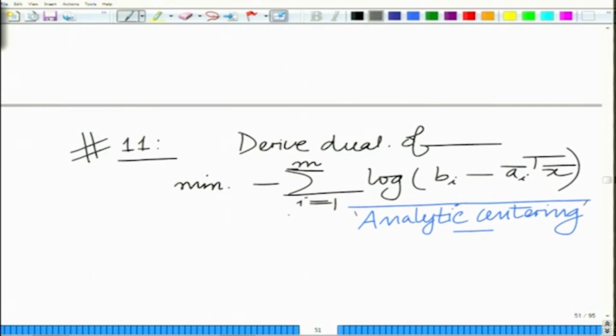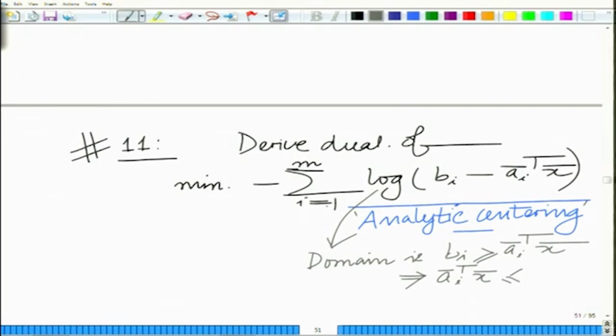Alright, so we are going to minimize this summation i equal to 1 to m of log of bi minus ai bar transpose x bar. Of course, the domain of this is bi greater than or equal to ai bar transpose x bar. So, this implies ai bar transpose x bar has to be less than or equal to bi for i equals 1 to m, that is the domain of x bar.